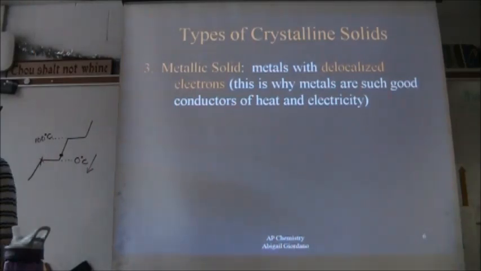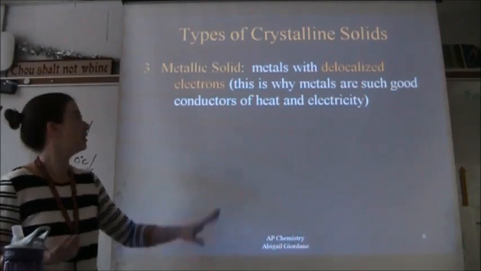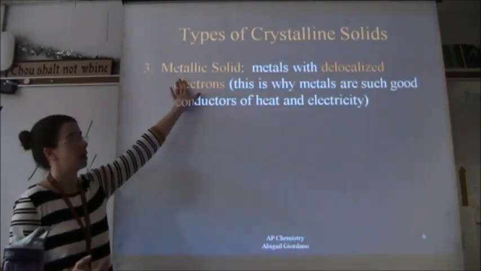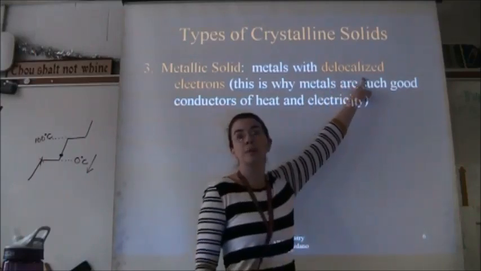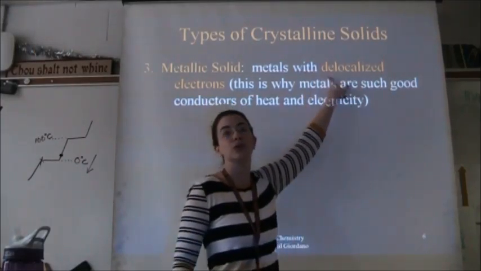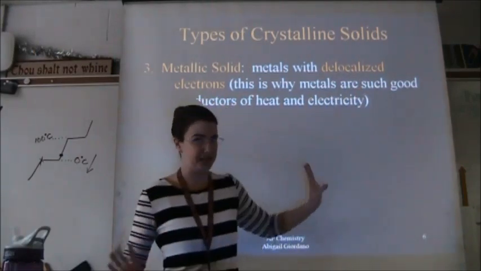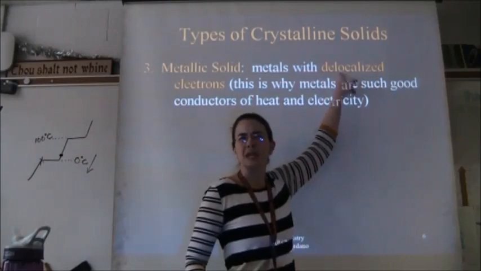No. Gold isn't a compound at all. It's just a pure element. It's a metal. Okay? Now, we have seen this word before. We saw this word when we talked about resonance. We're not talking about resonance here. Do you remember what this word means?